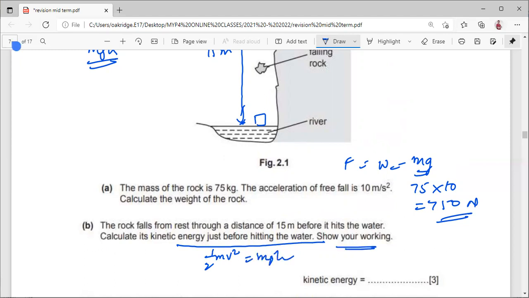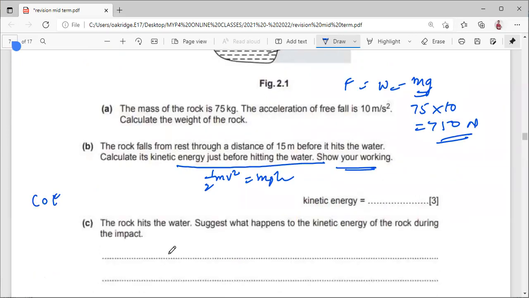Show your working, 3 marks. Okay, so you need to write it down. Just writing like this will not fetch you any mark. You need to write from the conservation of energy, the rock has an energy equal to mgh at the peak.